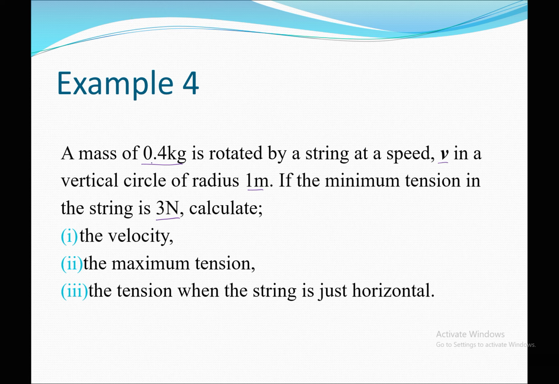So the mass is 0.4 kilograms. The radius is 1 meter. The minimum tension in the string is 3 newtons. And we want to calculate the velocity, the maximum tension, and the tension when the string is horizontal.